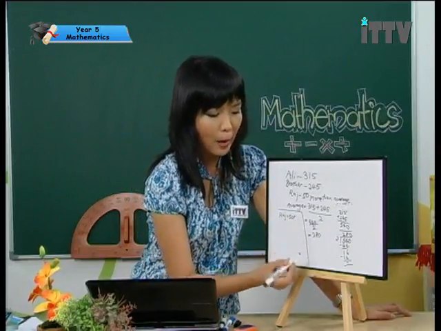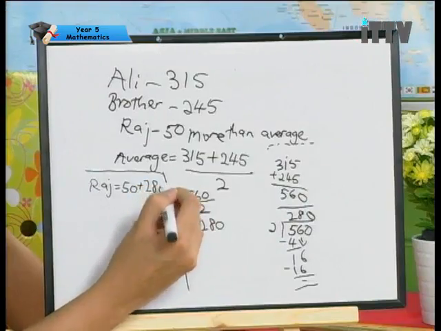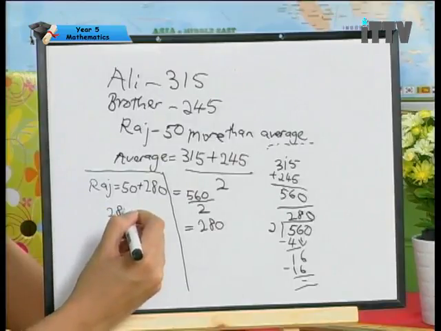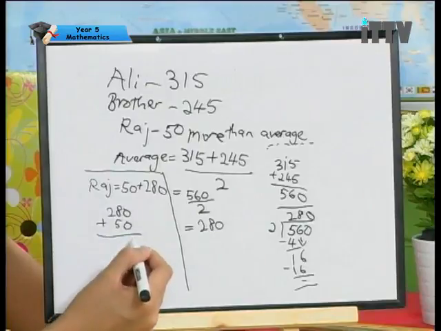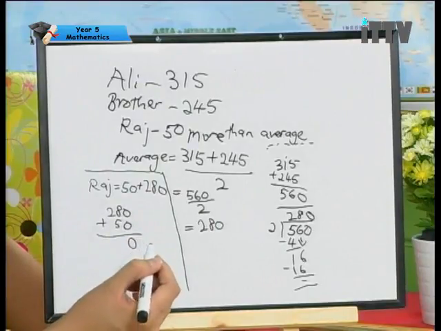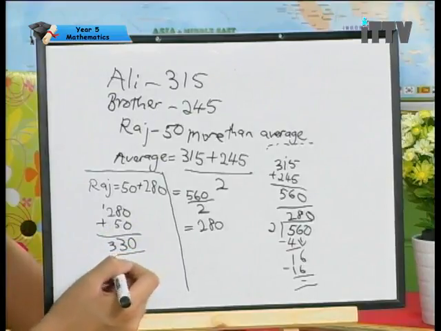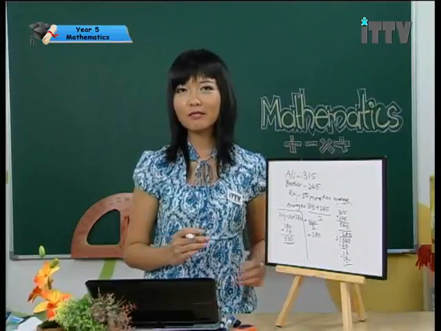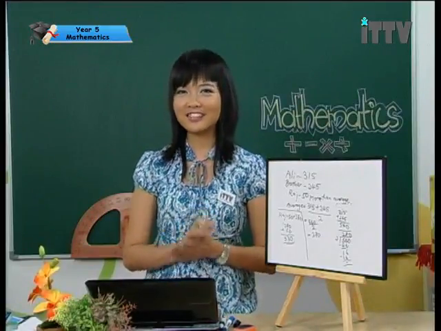Okay, 50 plus the average, which is 280. Now, let's try 280 plus 50. What do we have? 0. 8 plus 5? 13. There you go. Raj's stamp collection: 330 pieces of stamps.